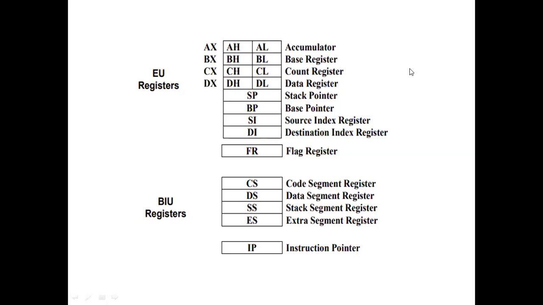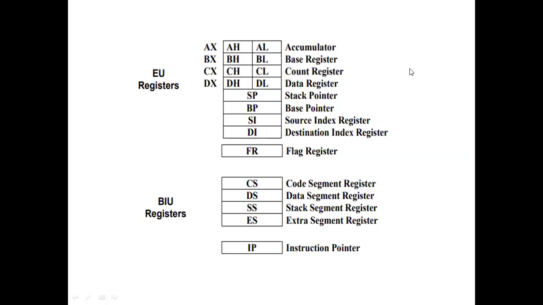Now I discuss what the segment registers in 8086 are. The bus interface unit has 4 segment registers, that's CS, DS, SS, ES. CS stands for code segment register, DS data segment register, SS stack segment register, and ES extra segment register.